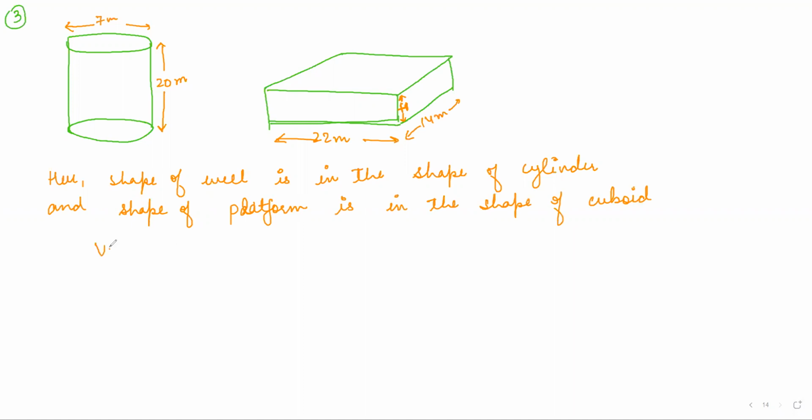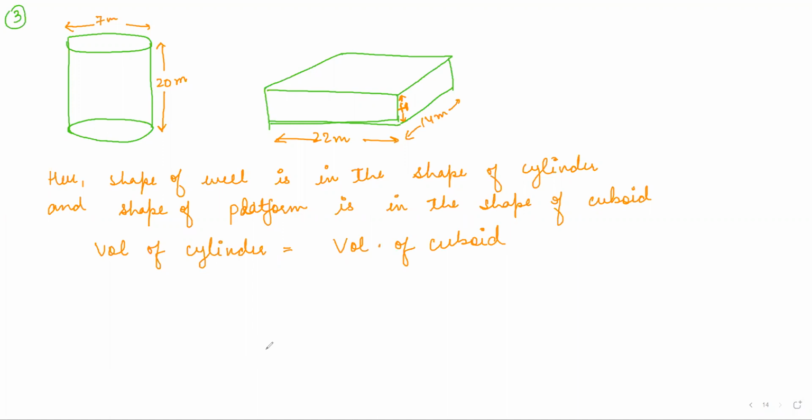So what will happen is that the volume of cylinder is equal to the volume of cuboid in this case. So let us one by one find them out and then we will equate them.